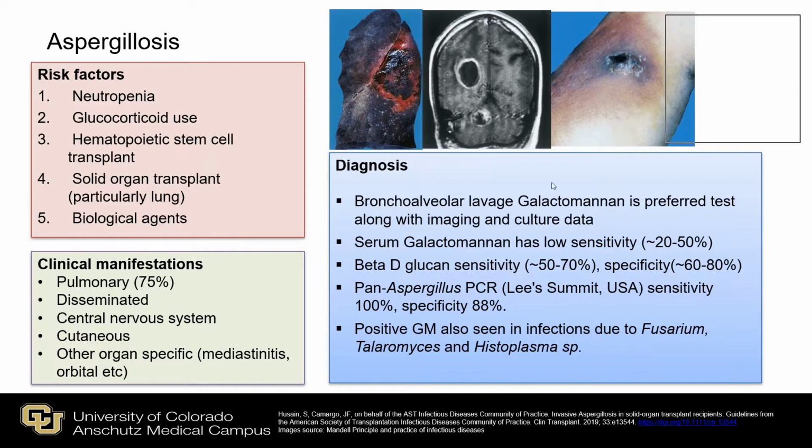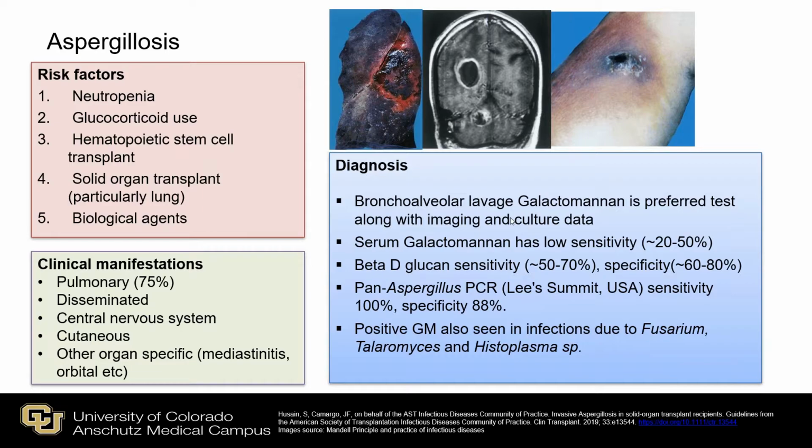For diagnosis, we use this fungal marker called Aspergillus galactomannan. Now, galactomannan is a compound that is present in the cell wall of Aspergillus species mainly, and it is thought to be detected in the patient's bloodstream or the respiratory secretions, even in early cases of invasive aspergillosis.